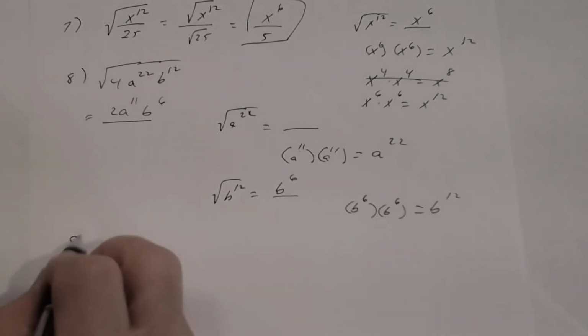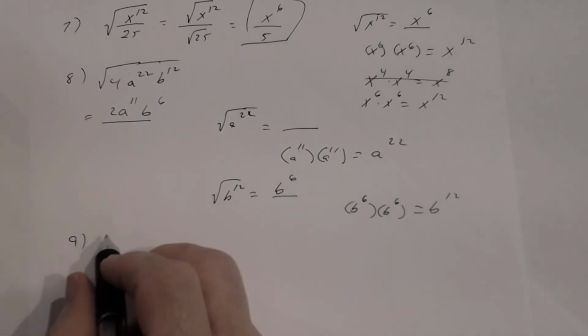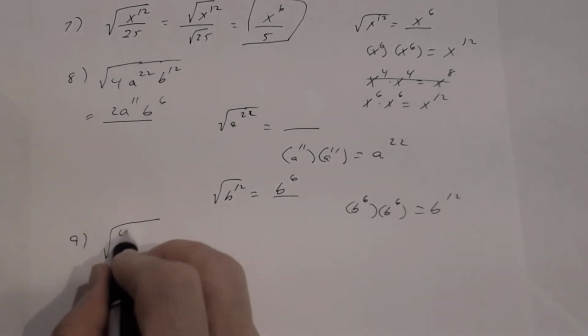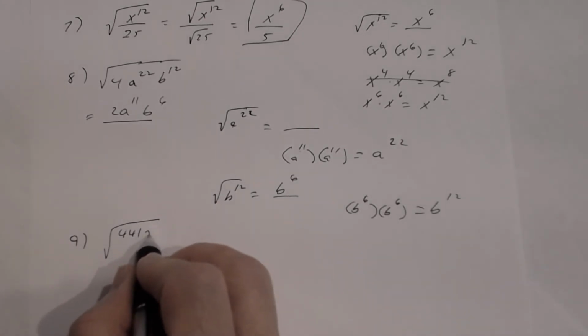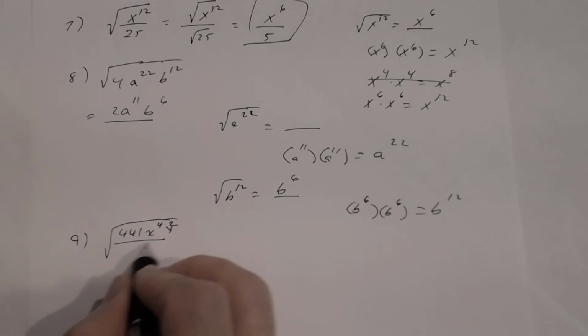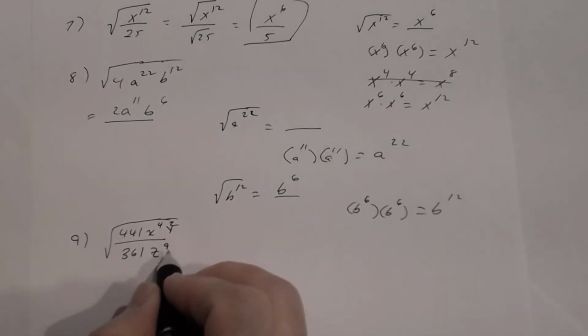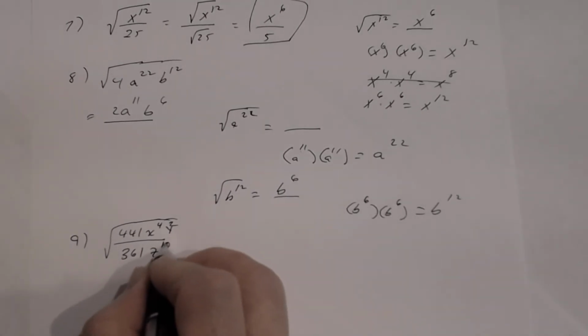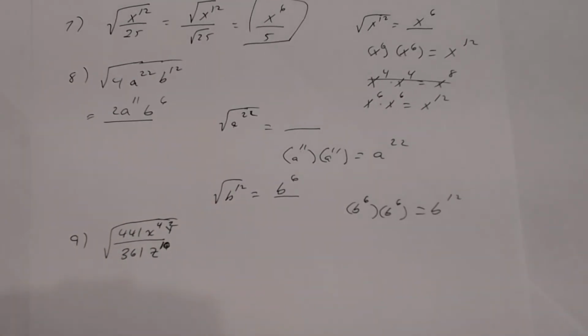Number 9. What about if you had the square root of 441 x to the 4th, y to the 2nd power, divided by 361 z to the, let's say, 10th power. Okay, so we have this.